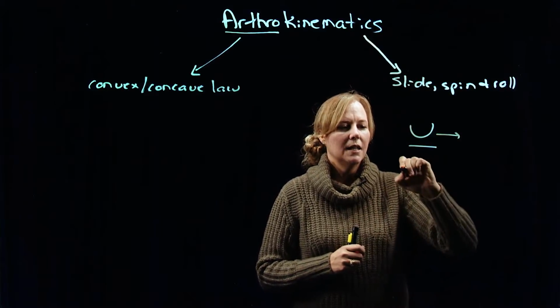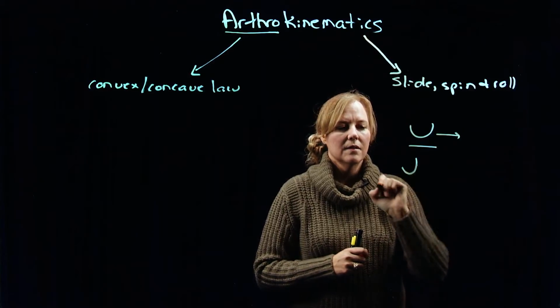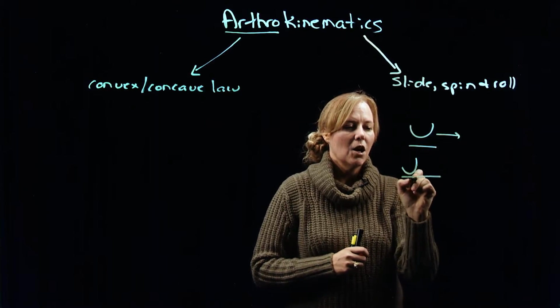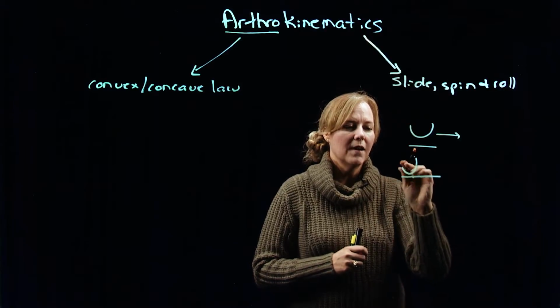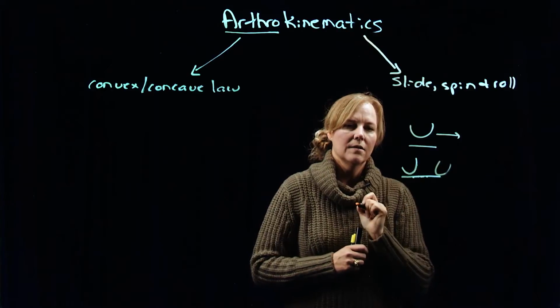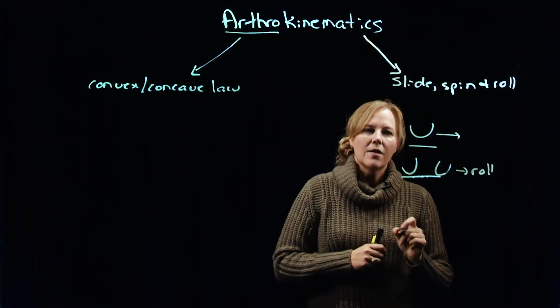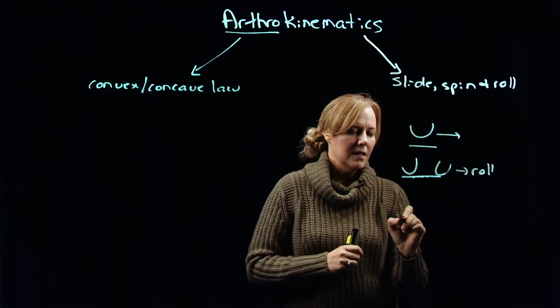It can literally roll, where you have different points of this surface articulating different points of this one. So it eventually rolls like a wheel until it gets to the other side. And that is called roll. Or there's a spin component. And this is the last one.